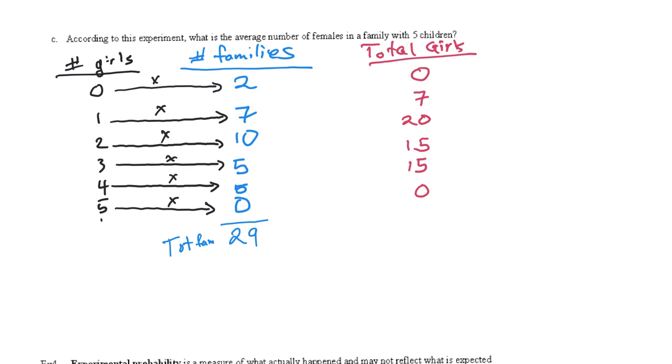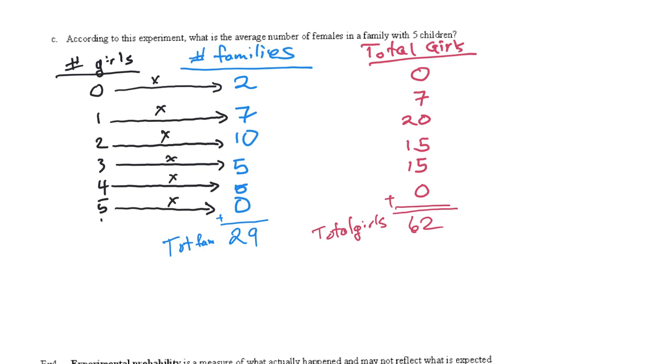But the total girls is going to be, well, add up this entire column here, and you end up with a total of 62. So we total up all the girls, and we end up with 29 and 62.